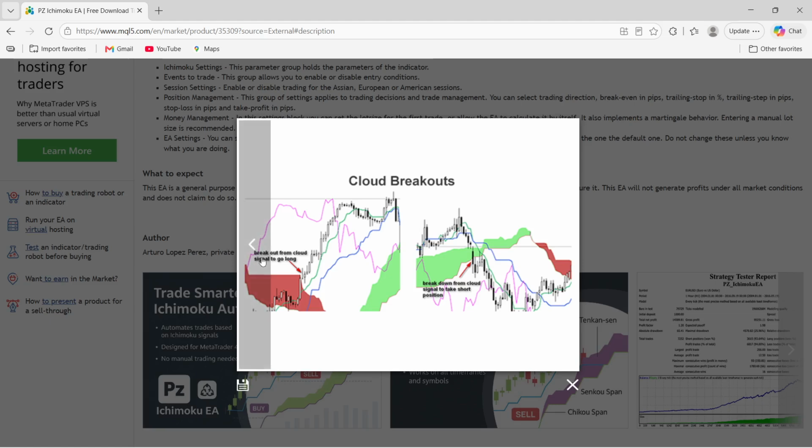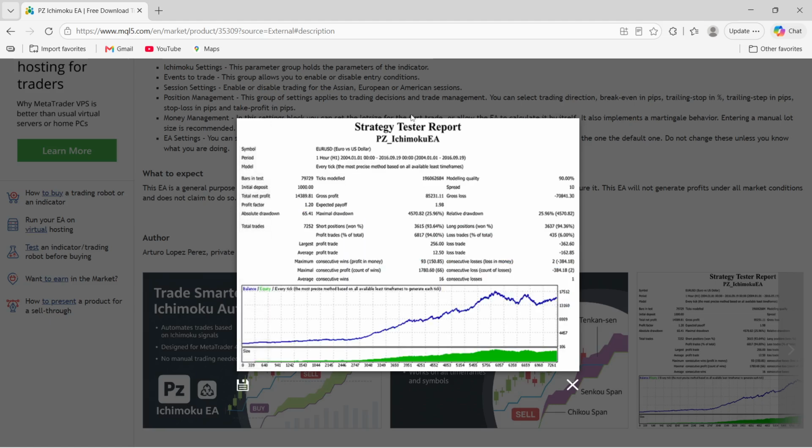Right, so you can see how it looks. This is a strategy tester report on the EURUSD pair, 1 hour time frame, from 1st of January 2004 to the 19th of September 2016, for a wide period. The initial deposit was $1,000, and over the period, it got up a profit of $14,389.